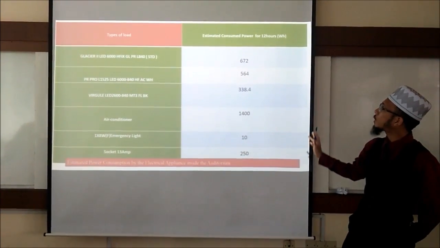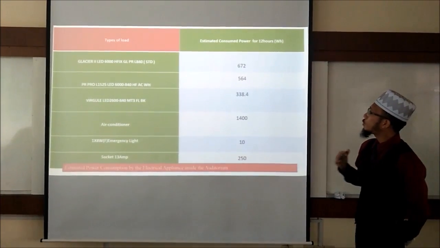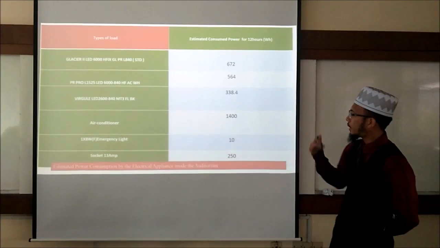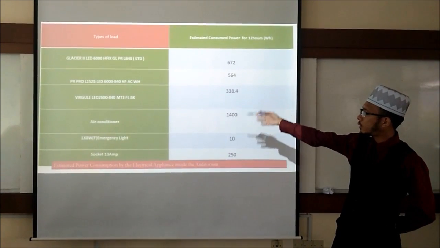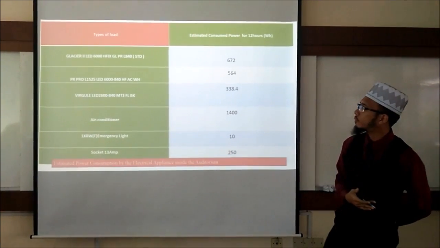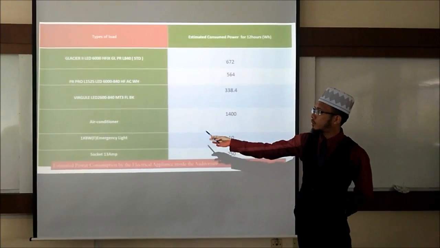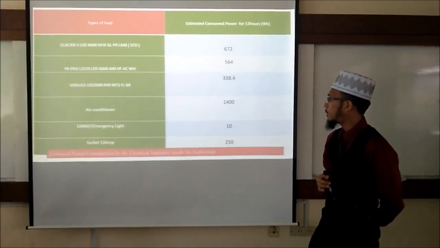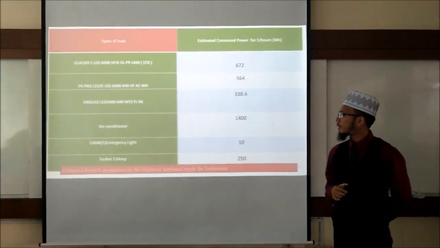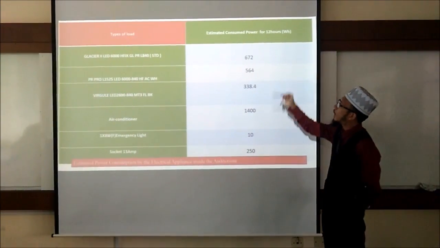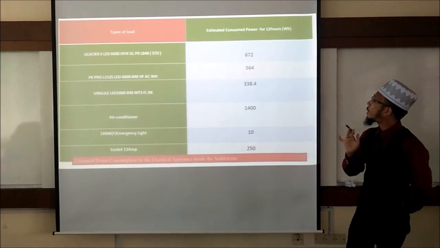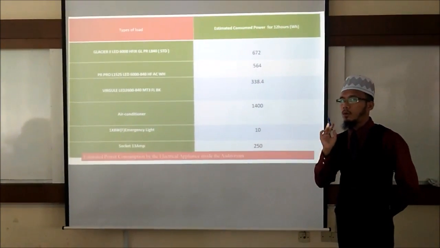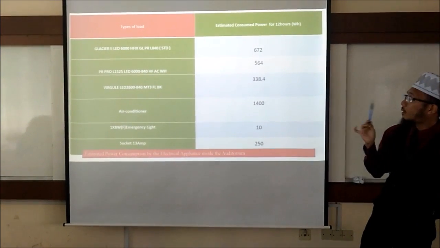Okay, this is our estimated consumed power used by our electrical appliances in our auditorium. It includes our luminaires, which we found before, along with the air conditioner, emergency lights and the 13 ampere socket. As you can see, we calculated the estimated consumed power for maximum use of our auditorium, which is 12 hours.